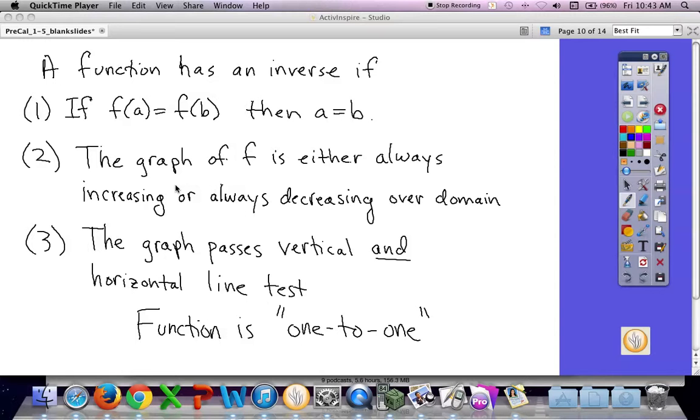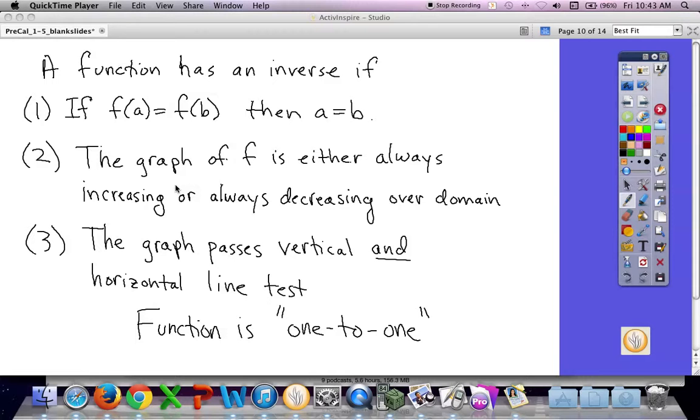They both have to pass vertical line tests. But if the inverse passes a vertical line test, that means f has to pass a horizontal line test. So the check is just see whether your function passes both a vertical line test and a horizontal line test. If it does, then you can find the inverse.